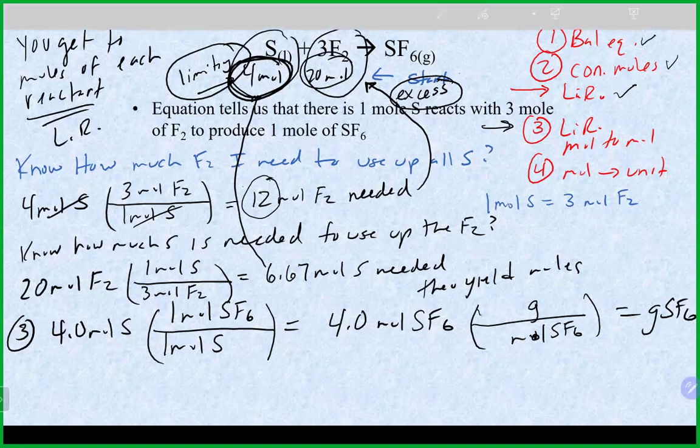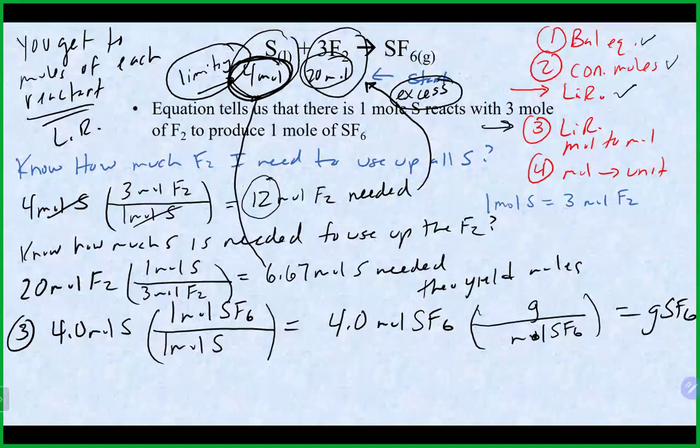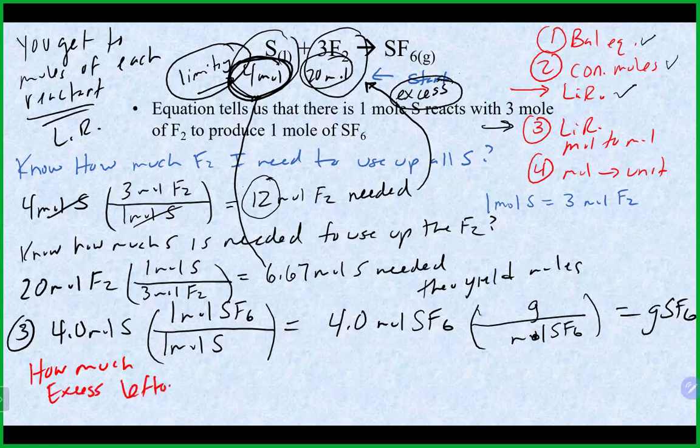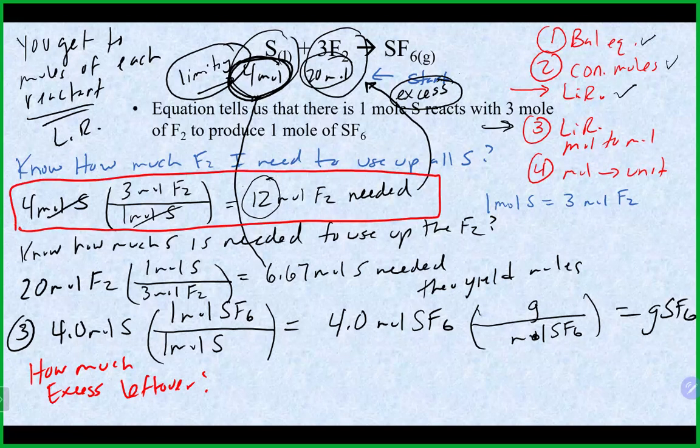Now, first off, any questions on that there? Now, another common calculation is, how much of your excess reagent would you have left over? So sometimes you're asked how much of your excess is left over. And we could do that really easily based on our calculation, because we know that in this reaction, we would need to use up 12 moles of our fluorine.